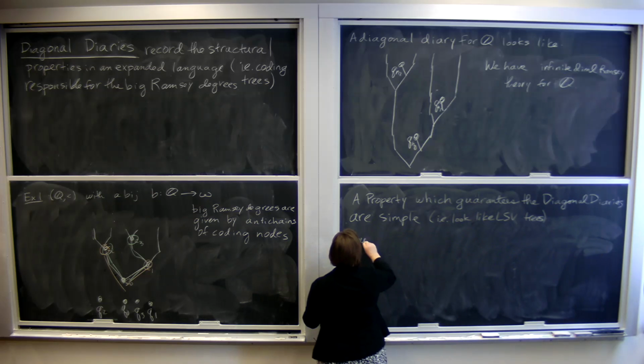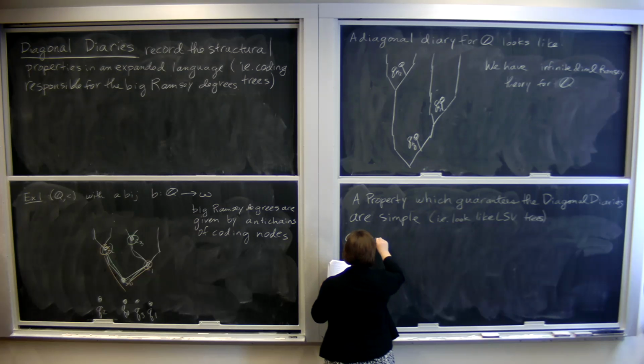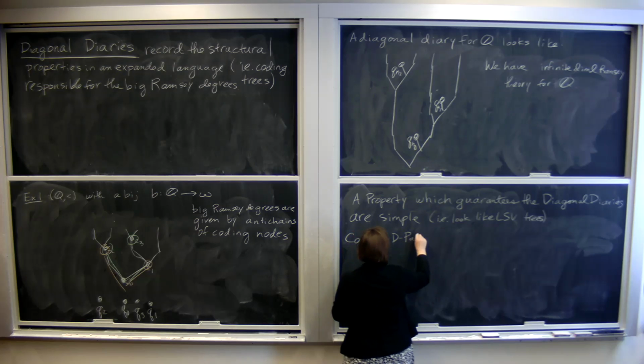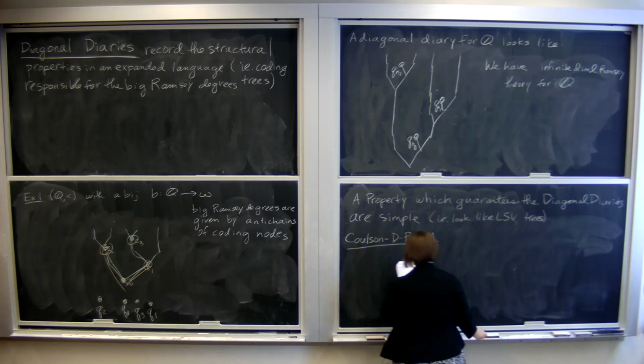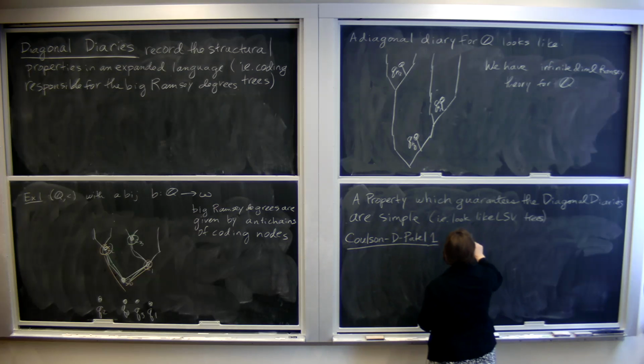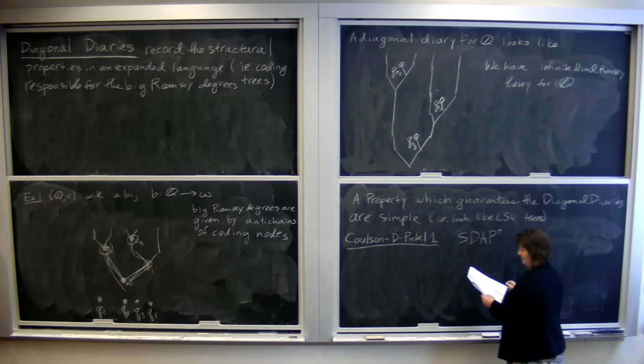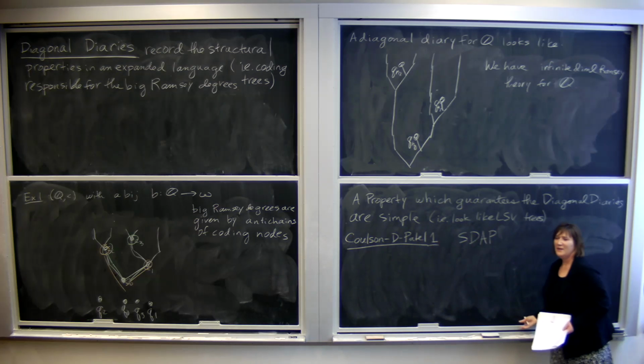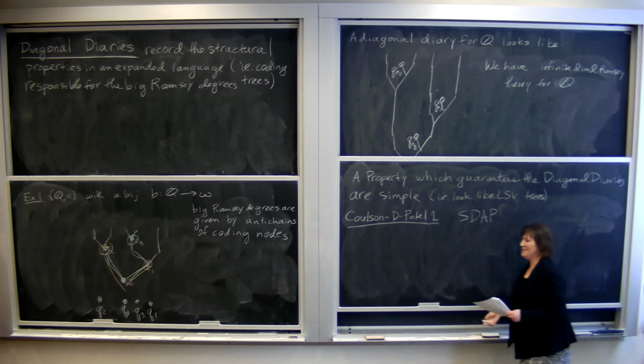This is in a paper. It was in one paper, and then the referee said to break it into two, so now it's in two papers with Coulson and Patel. This is defined in number 1. For those of you who are interested in this amalgamation property, I'm going to go through it.